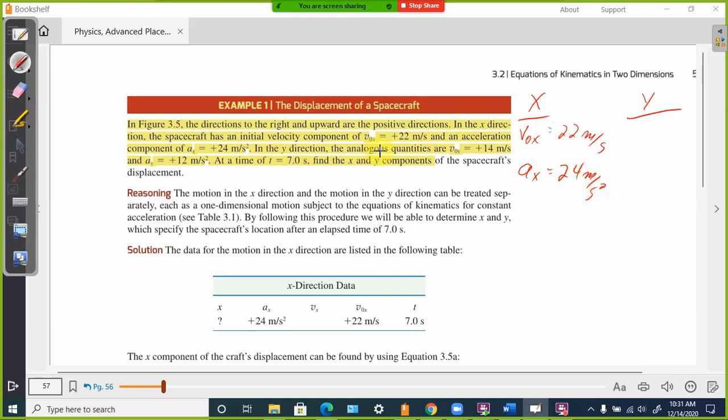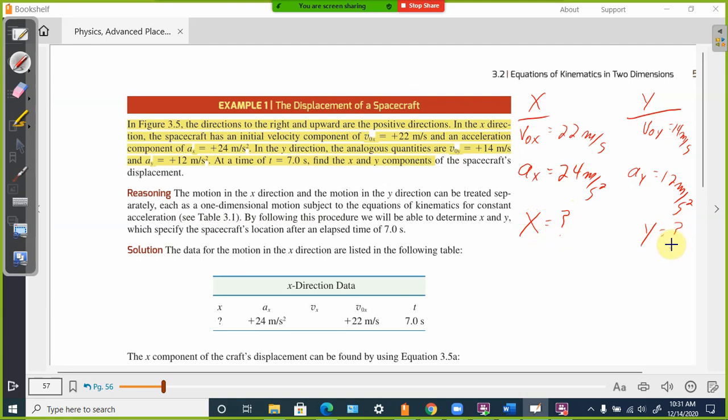In the y direction, we have v0y to be 14 meters per second. And again, we don't want to assume ay in this case because we're given it, and it is 12 meters per second squared, right? And what we're actually looking for is the x displacement and the y displacement. That's what we're looking for.